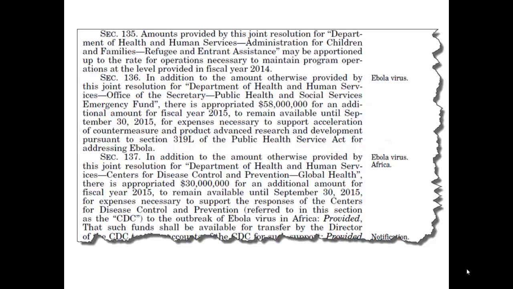In these examples from the FY 2015 CR, there were anomalies for the Refugee and Entrant Assistance Program, allowing OMB to apportion funds early in the fiscal year to cover an influx of unaccompanied minors, and additional funds for the Public Health and Social Services Emergency Fund and CDC for Ebola. Notice the wording of sections 136 and 137.